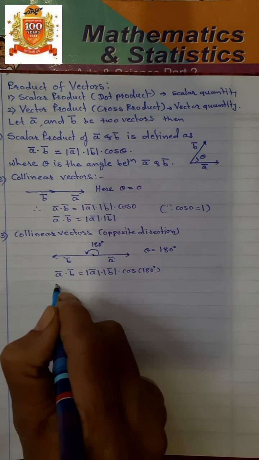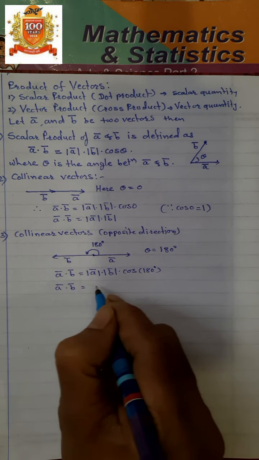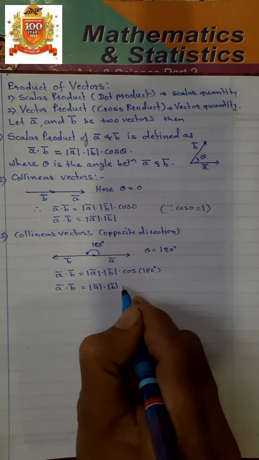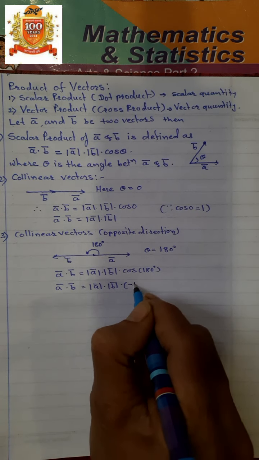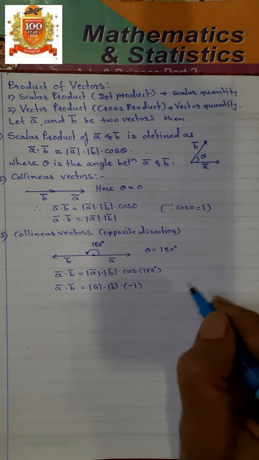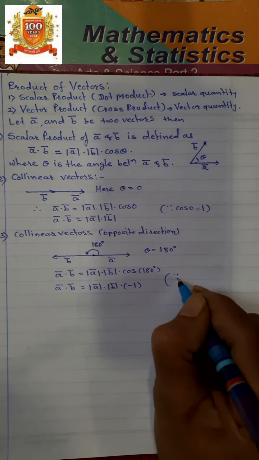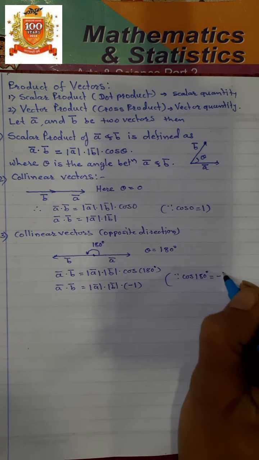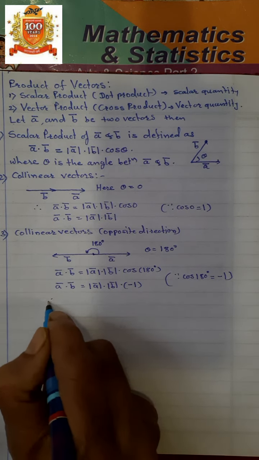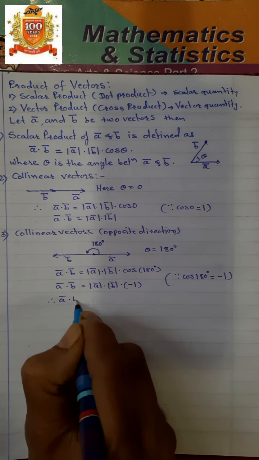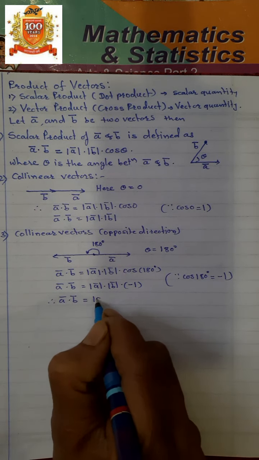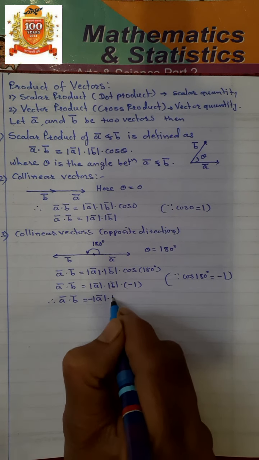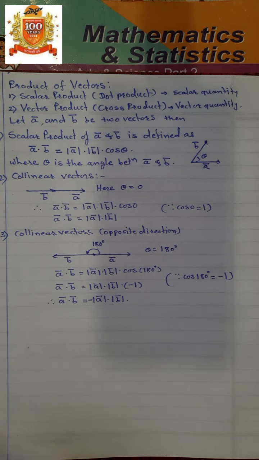That is A bar dot B bar is equal to mod of A bar into mod of B bar into -1, since cos of 180 degree is equal to -1. Therefore A bar dot B bar is equal to minus mod of A bar into mod of B bar.